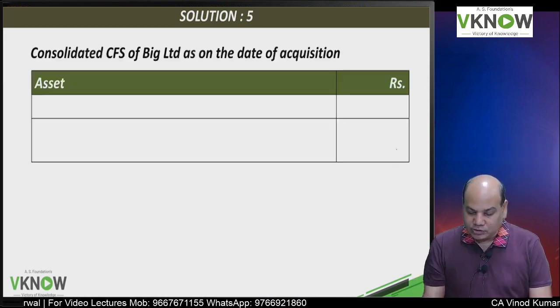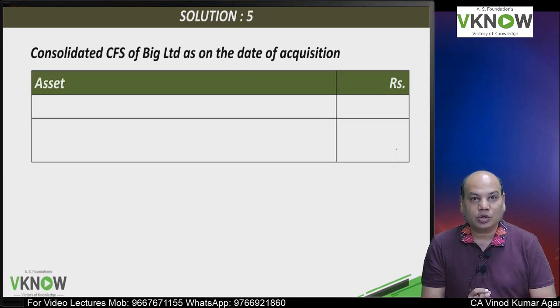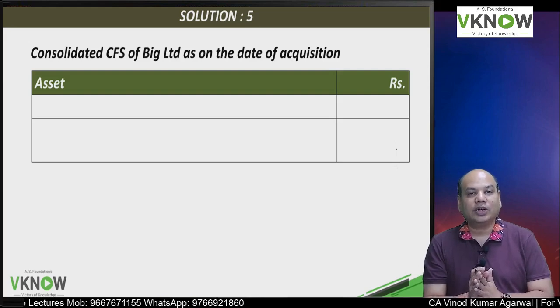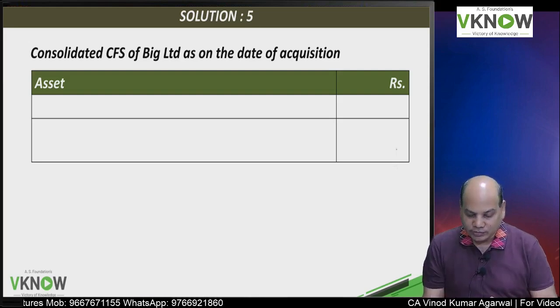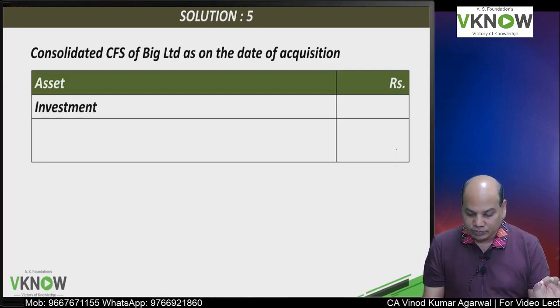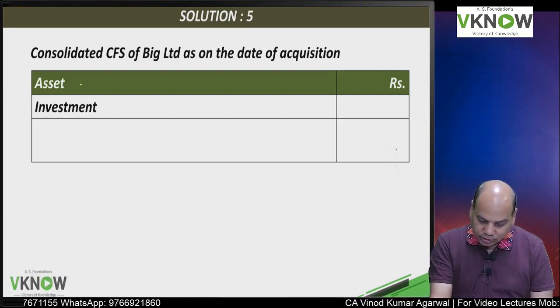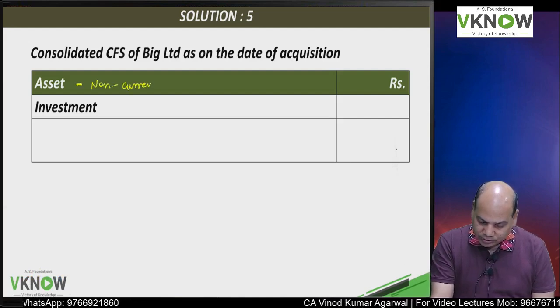So how does my balance sheet on the date of acquisition look like? That is my first question. Consolidated balance sheet on the date of acquisition would look like this. Asset side, non-current asset, it will be shown in non-current asset.